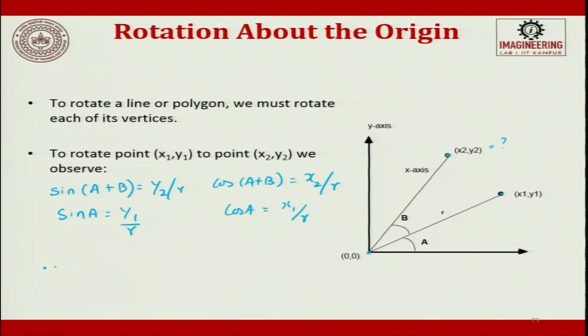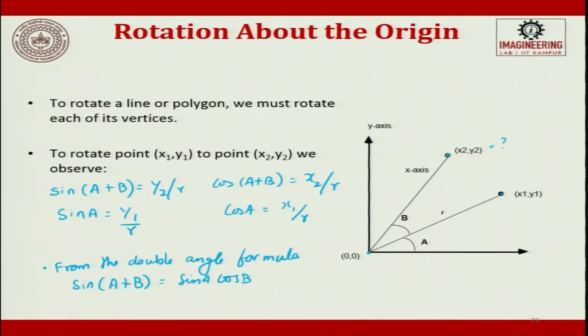So, from the double angle formula, sin(A+B) is equal to sin A cos B plus cos A sin B. This is a formula you know.